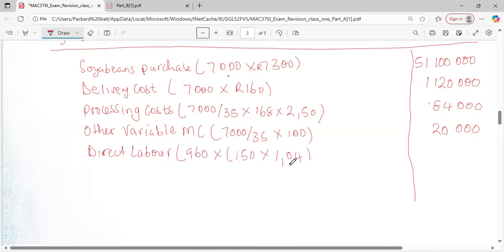If you don't understand this, you can just say 4% of 150, then you add it. But at our level, we must understand this. Because this one stands for 150. Then the 0.04 now will add the 4%. Right? Then how much are we going to have there?